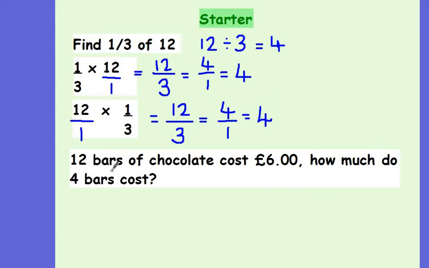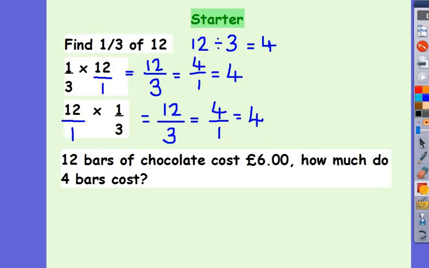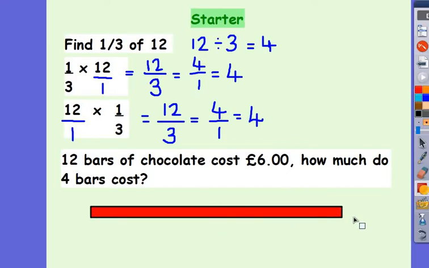For the last question, I asked, 12 bars of chocolate cost £6. How much do 4 bars cost? Well, if we know that 12 bars, here's my bar model.